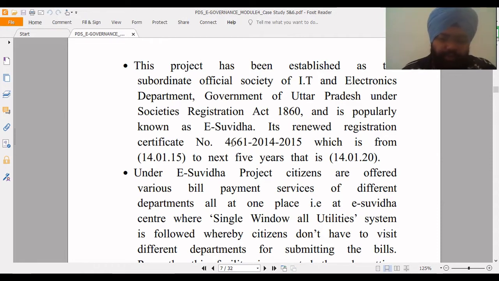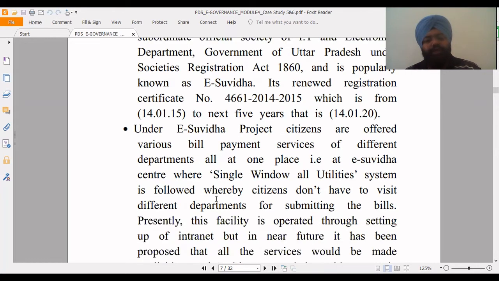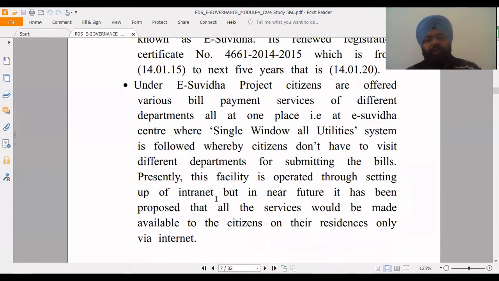Under the E SUVIDHA project, citizens are offered various bill payment services of different departments all at one place, that is, at the E SUVIDHA Center, where a single window all utilities system is followed, whereby citizens don't have to visit different departments for submitting the bills.